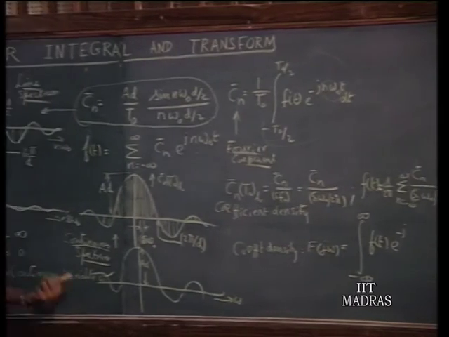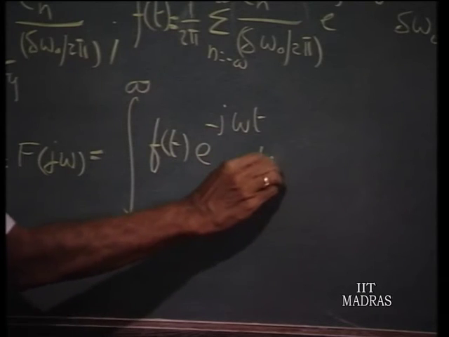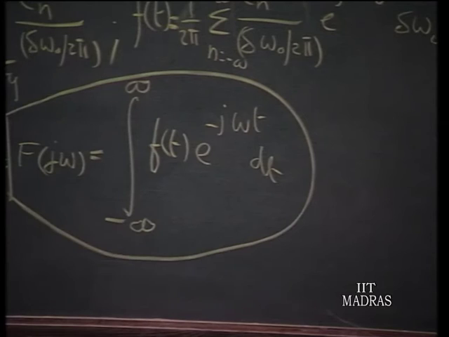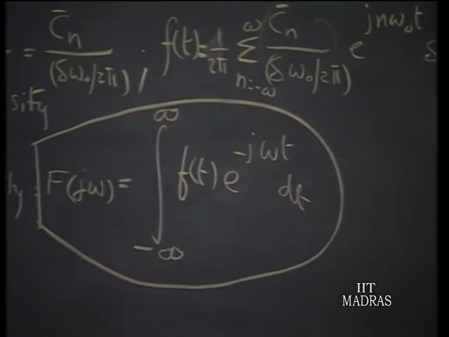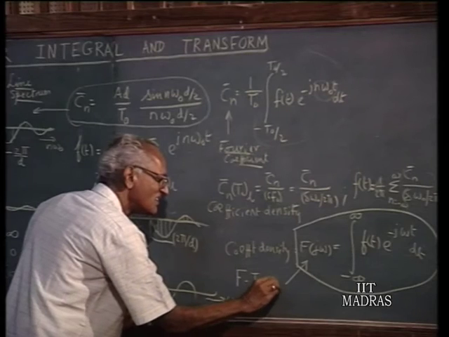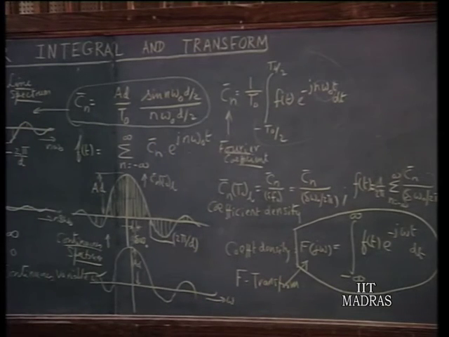Therefore, this will be f of t e to the power of minus j omega t dt. So, the coefficient density in the aperiodic case will be F of j omega, which is the integral from minus infinity to plus infinity of f of t e to the power of minus j omega t dt, and this is called the Fourier transform of f of t.